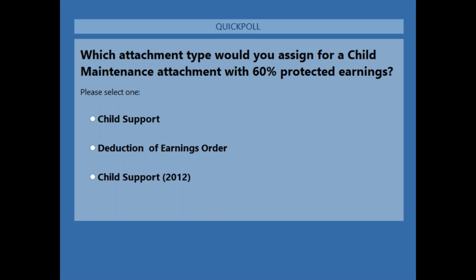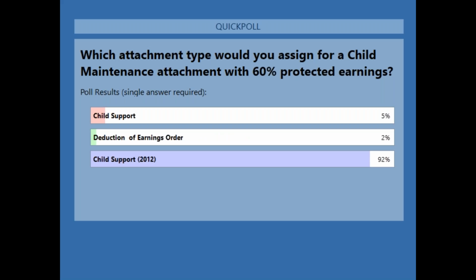So we'll give you about another 10 seconds on this one. Results looking good so far. And with just over 70% of the votes, we will close that down and share the results. So great work here. 92% of you got that right.